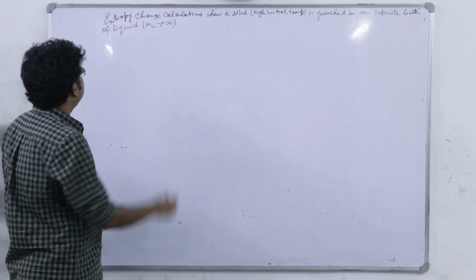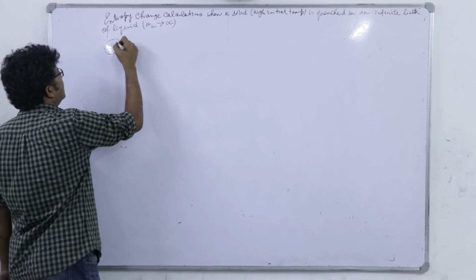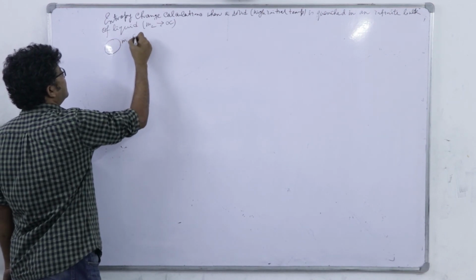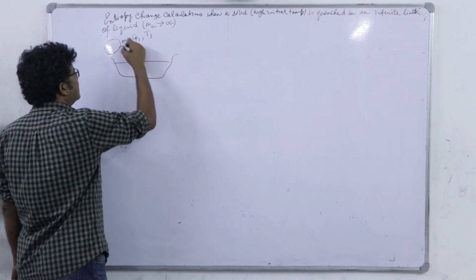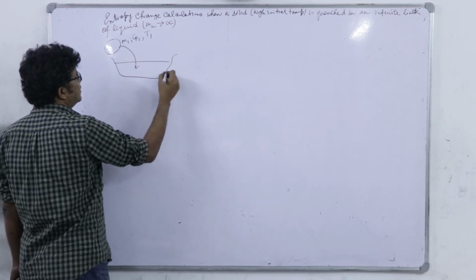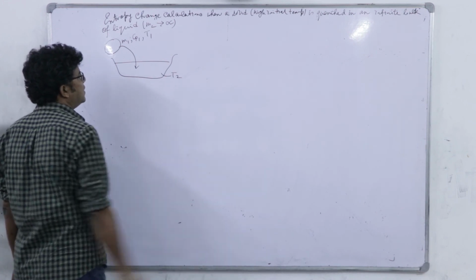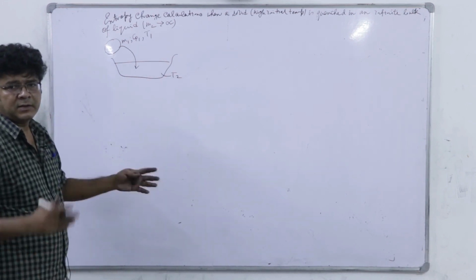Right. So, just like an object M1, Cp1, T1, and we are putting it in a pond, right, which has temperature T2, an indefinite bulk of liquid.